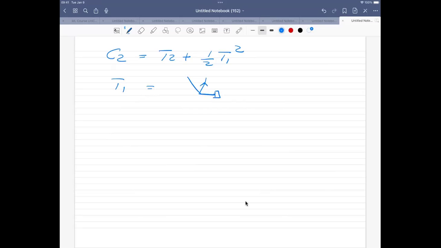We have a particle-hole pair which we create. If I have two such operators, so T1 squared, that is going to be a disconnected diagram. It's going to look like this. I'm not putting labels on them.